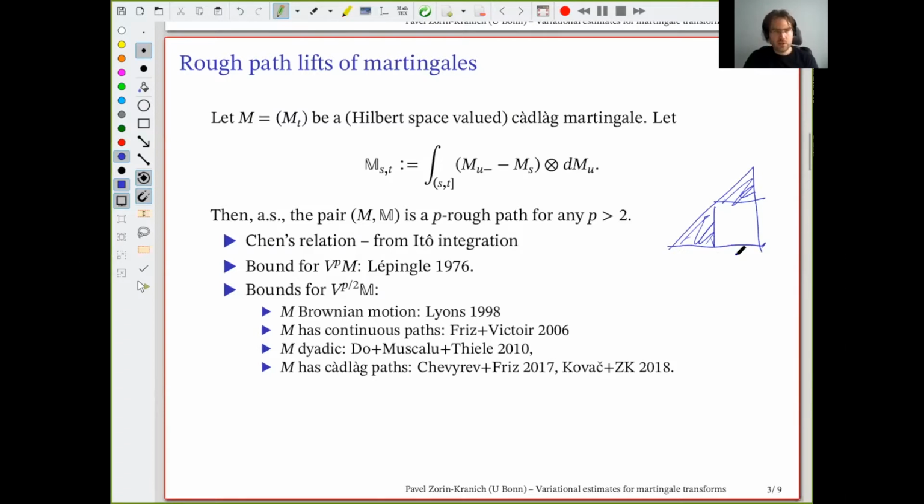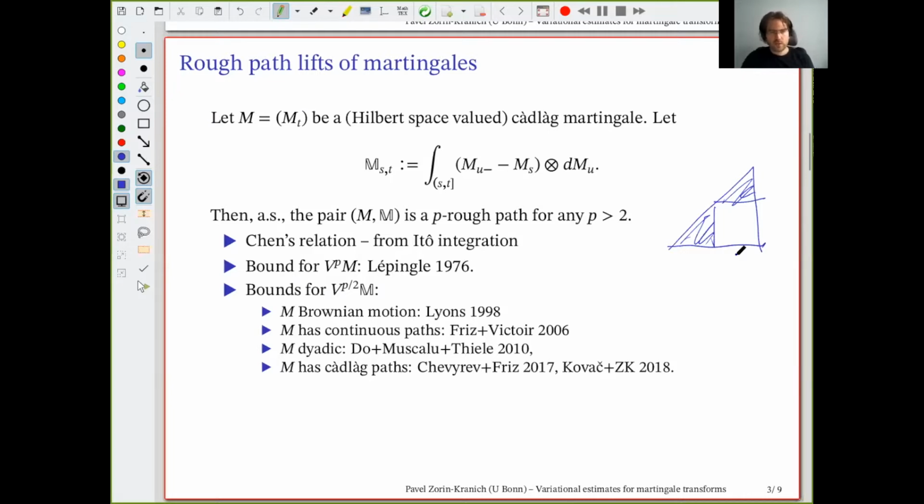Then there is the p-variation bound for the martingale M itself. This was proved by Lépingle in 1976. And then you need bounds for the p/2-variation of the area term. This was the basis of Lyons' work introducing rough paths, the observation that such a bound holds for Brownian motion.